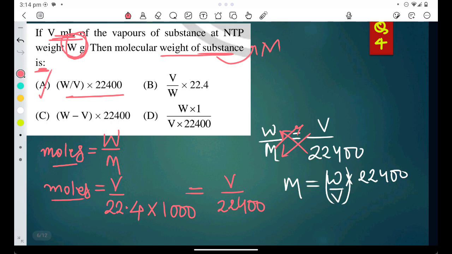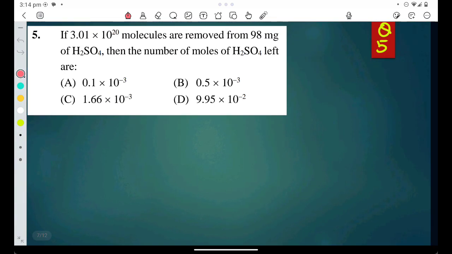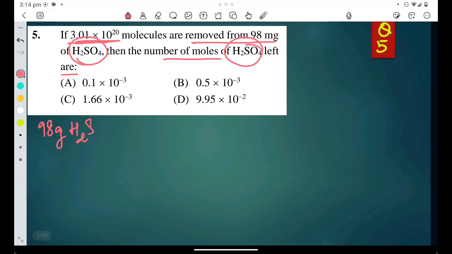Now moving ahead to the fifth question, which we have is this much molecules are removed from 98 gram of H2SO4. Then the number of moles of H2SO4 left are, so we have 98 gram H2SO4, and from this I subtracted how much molecules? This much molecule.